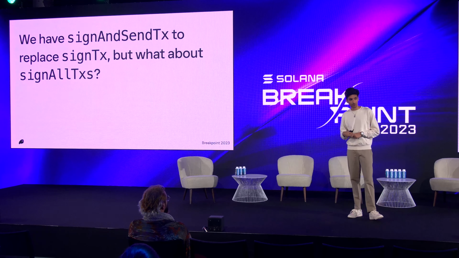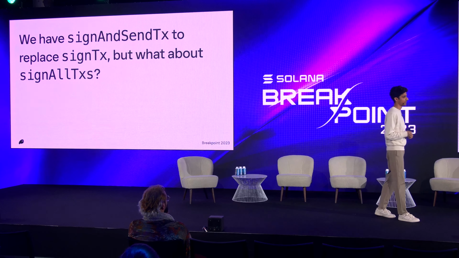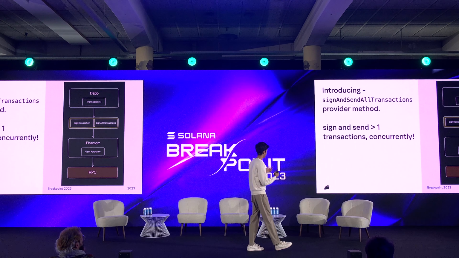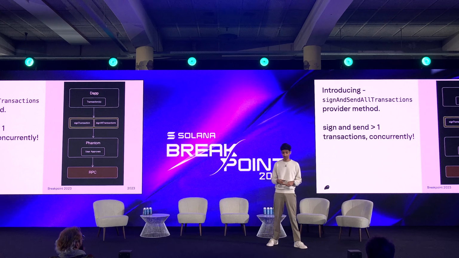OK, so if we have to deprecate these methods, we will need to have alternatives for these methods, right? We can't just deprecate them. So we already have sign and send transaction to replace sign transaction. But what about sign all transactions? We don't have any alternative method for this. So yeah, introducing sign and send all transactions.